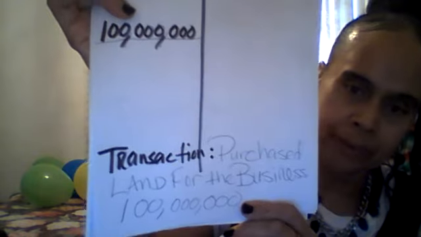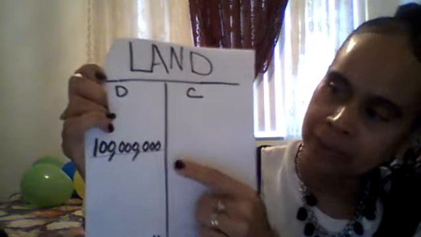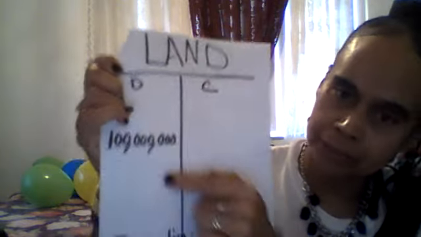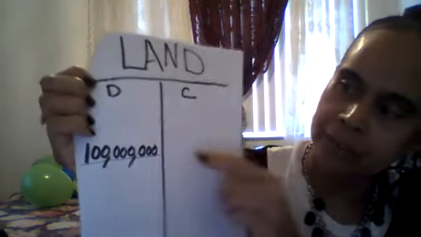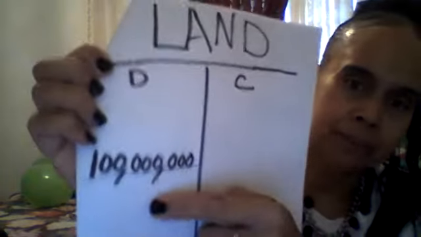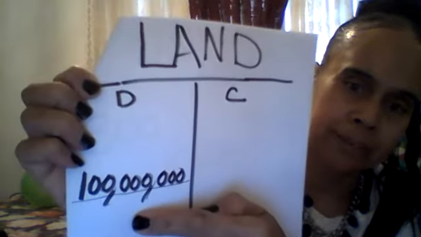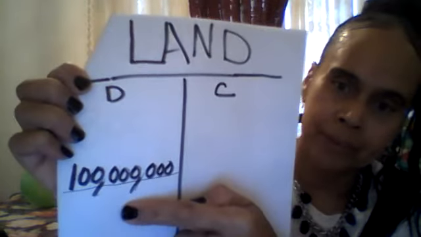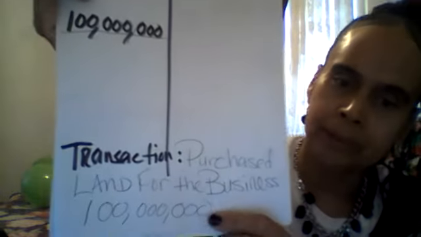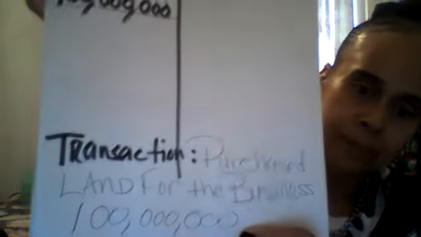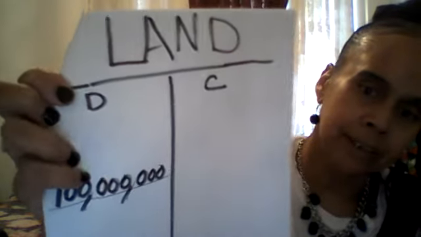I invested 100 million in my company to purchase land. So it would be a debit for 100 million. I purchased land for 100 million. That's a debit to my asset account, land. And that's a transaction I did at the bottom. 100 million goes into my land account.